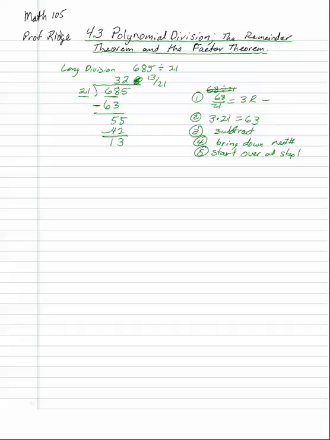Alright, so for polynomial division, we're going to follow these same steps with one slight modification. Okay, so the dividend, x cubed plus 5x squared minus 4x minus 3, goes inside, divided by the divisor, x plus 5.